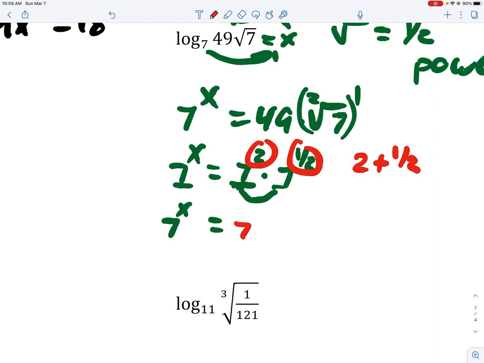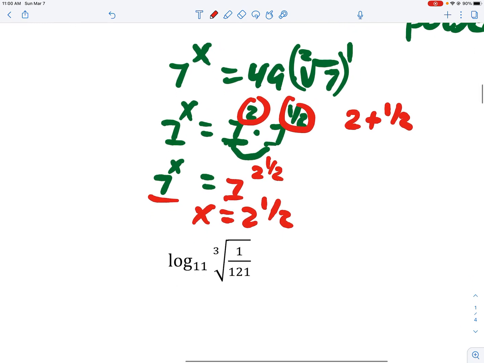So you get 7 to the 2 and 1/2. You add them, you don't multiply. It's not 2 times 1/2. The bases are the same, you're multiplying. You add your powers. So x equals 2 and 1/2. Because now the bases are the same, we drop the bases. So x is equal to 2 and 1/2.